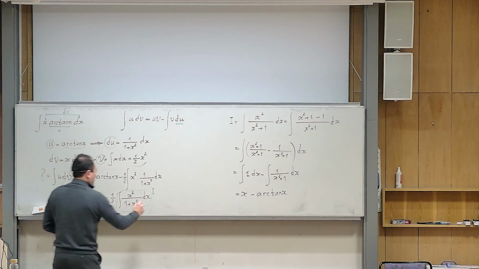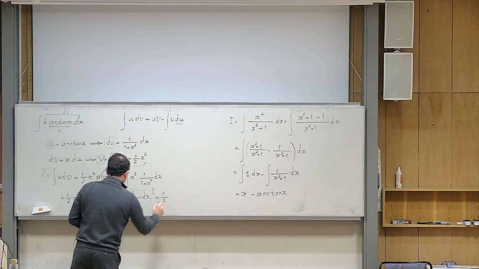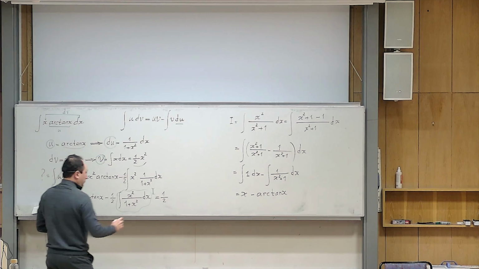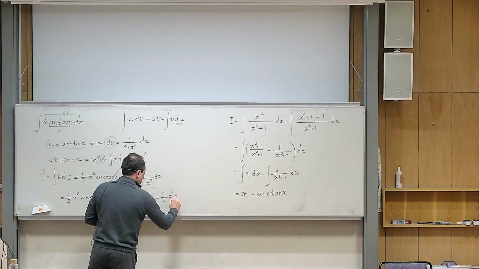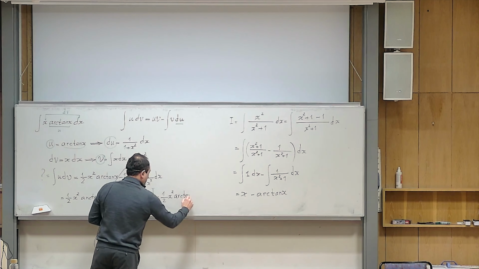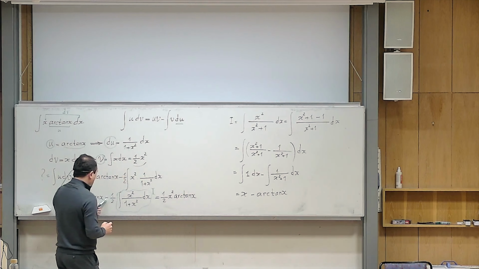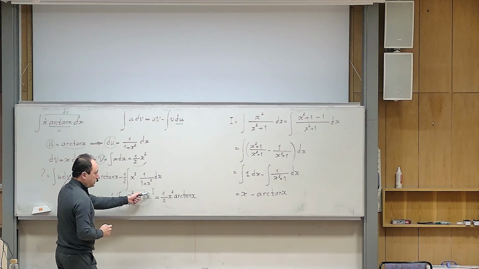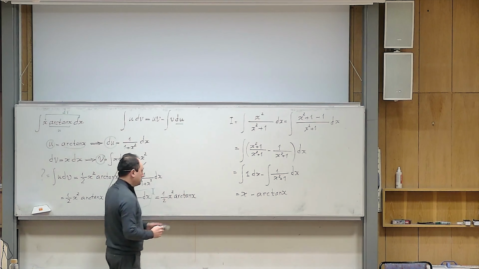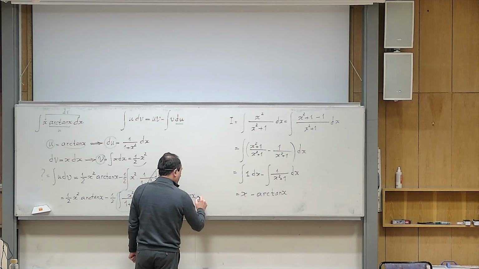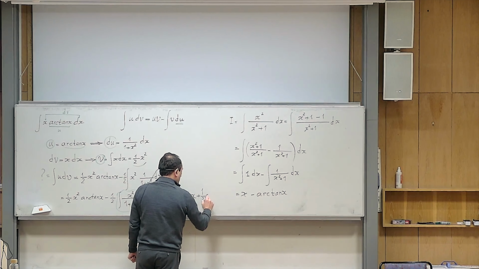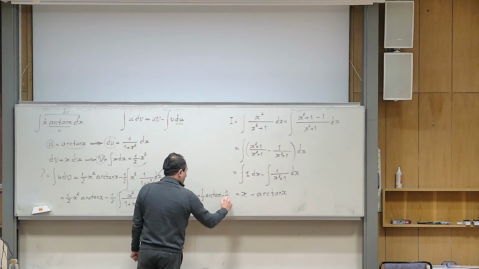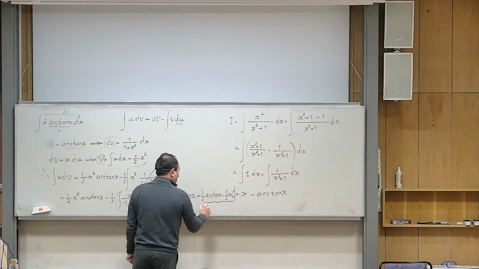So what do I have? It becomes 1/2 x squared arctan x, and then minus a half times I, that is my I multiplied by 1/2. Let me write that first: it becomes 1/2 arctangent x, and then minus a half x, and of course I have the constant.